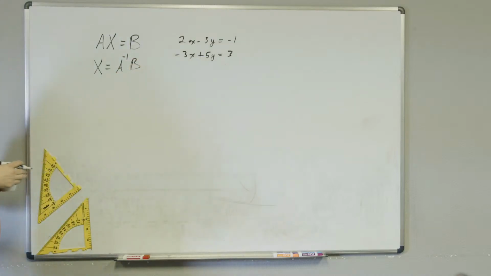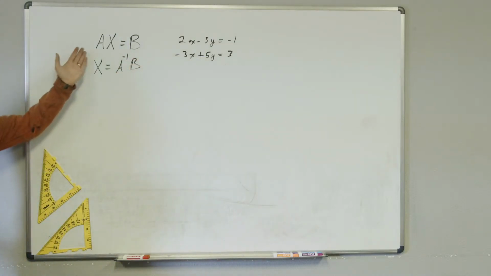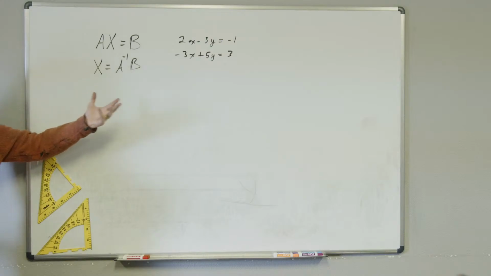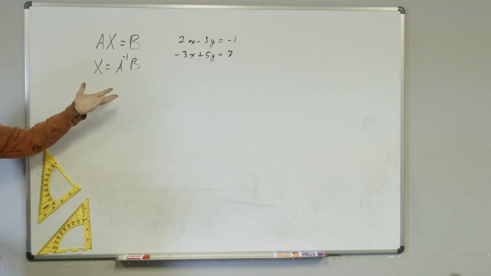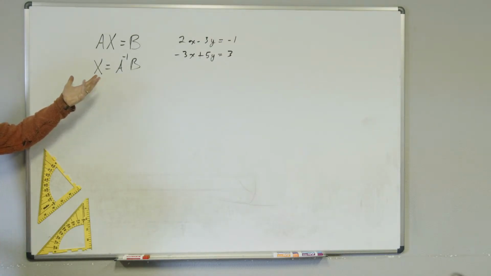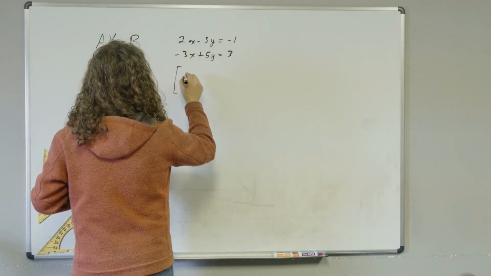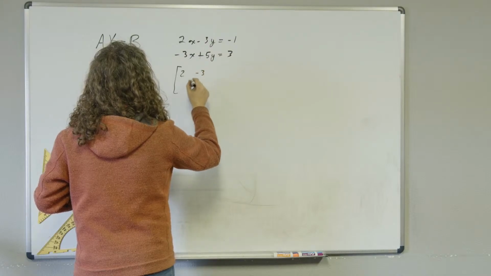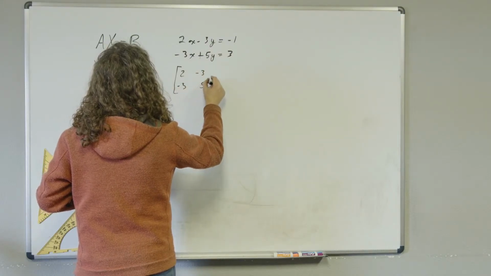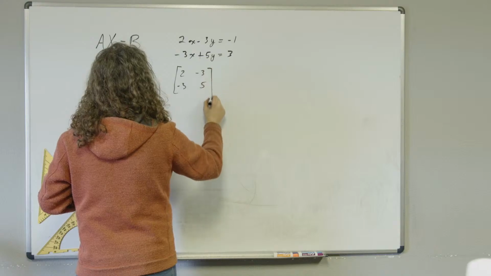We would take the inverse of A on both sides, which would cancel that A, and then we would have a solution matrix. That is exactly what we're going to do with this. We're going to write this as a matrix equation. Yes, you will have to do one of these on the test by hand. Yes, it will be a 2x2 in this context.